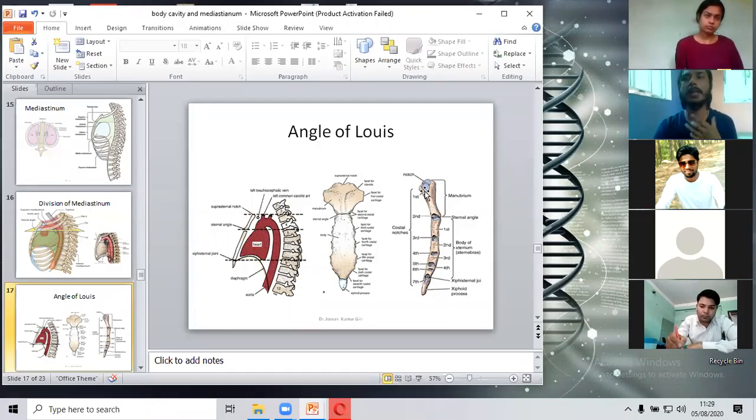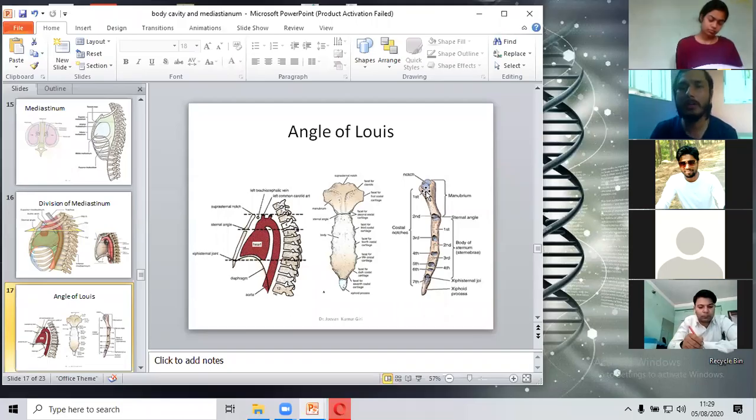So while counting the ribs in the living body or in a cadaver, you feel the angle of Lewis and count from the second rib, then third, fourth, fifth, like that. So its next importance is for the counting of ribs.